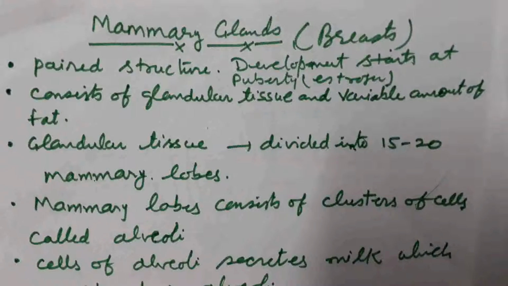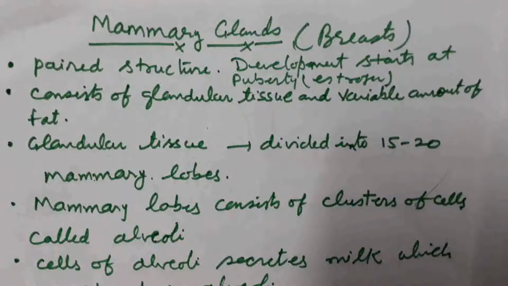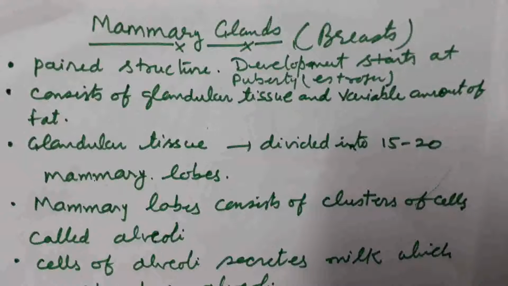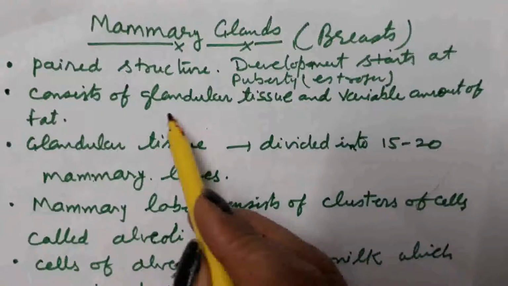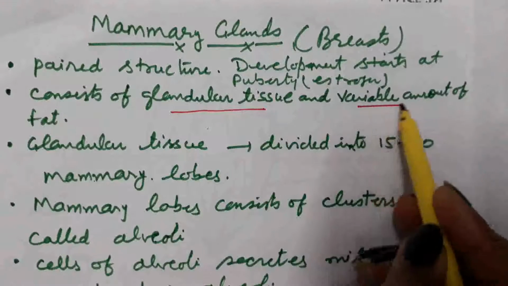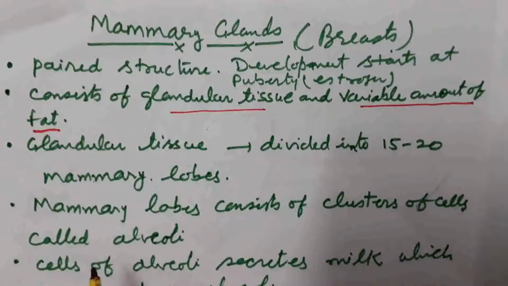But its further development takes place during pregnancy, which is also under the control of a hormone. Mammary gland consists of glandular tissue and a variable amount of fat.